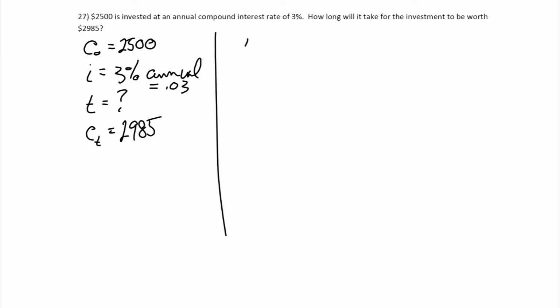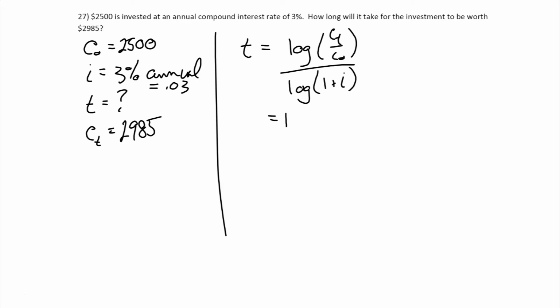Now I can go ahead and use the formula for T, which says we're looking for the log of CT divided by C0, all of that divided by the log of 1 plus I. Put in the numbers.